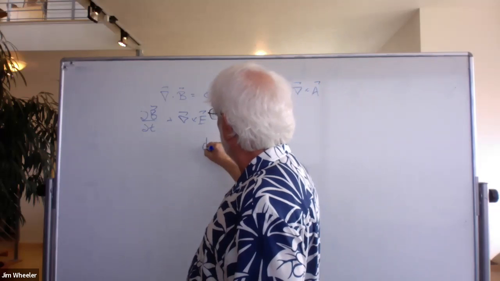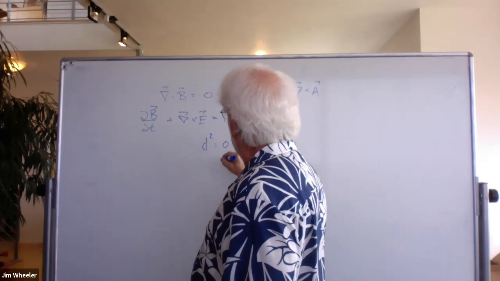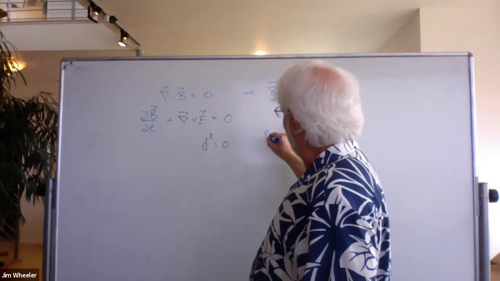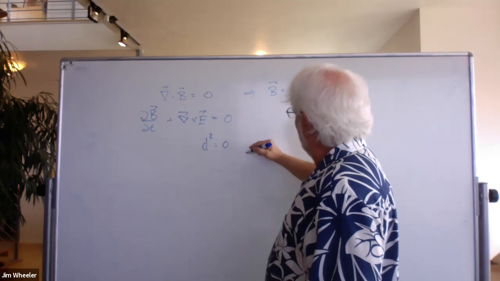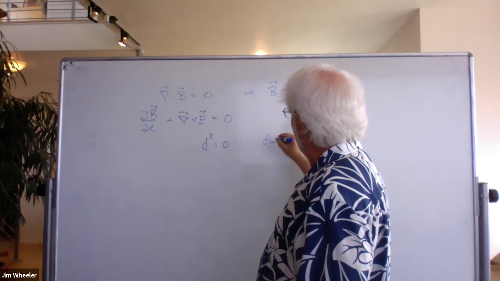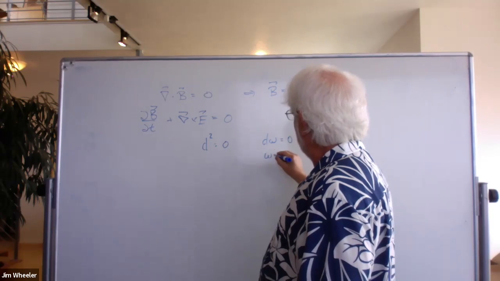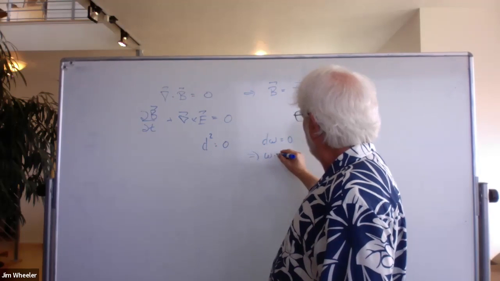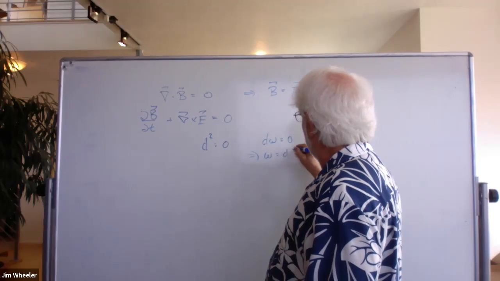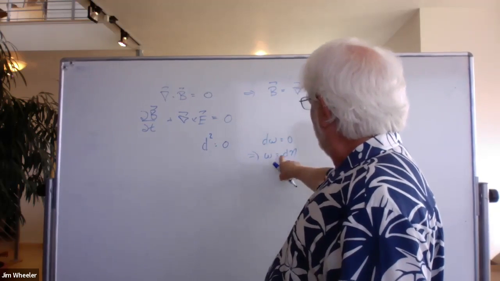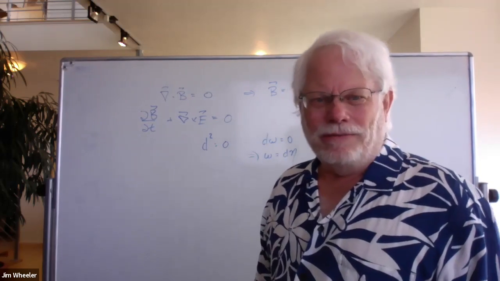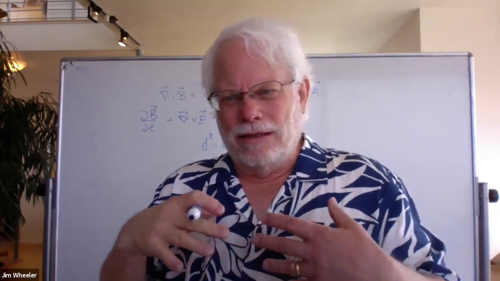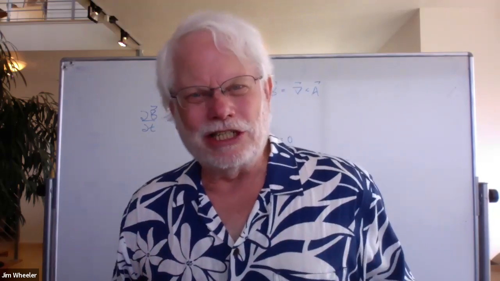Poincare lemma is d squared equals 0. So the converse is that if d of some form omega is 0, then omega is d of something, which allows you to integrate the equation. That, of course, depends on boundary conditions and things.